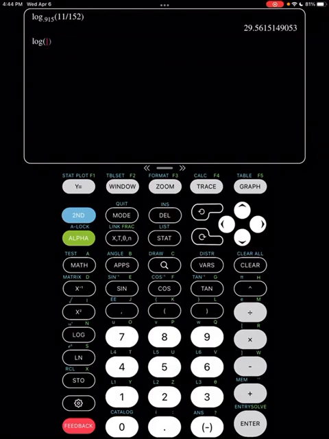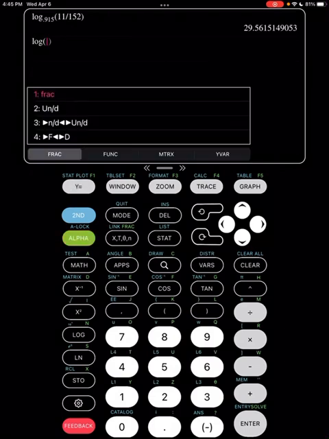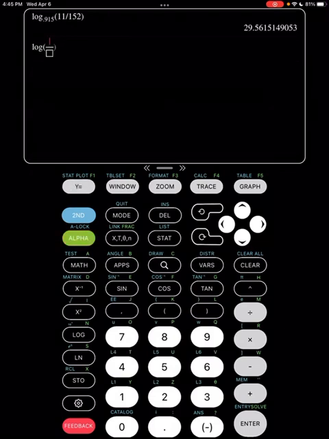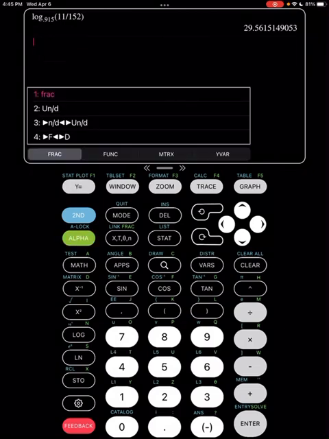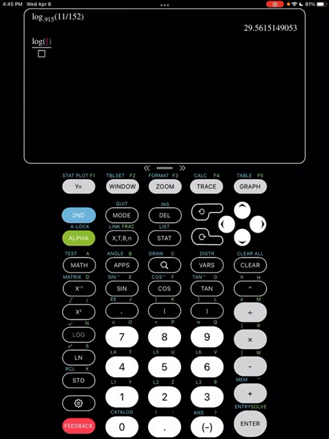Let me do this, alpha y equals. Now let me write log of 11 over 152. And then I'm going to arrow down, and the other one was log of 0.915. And so here, notice how both answers give you the same answer.